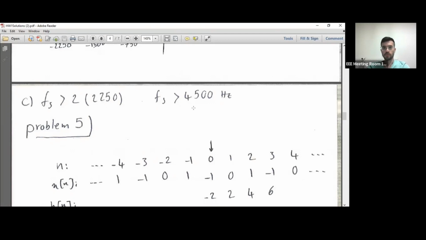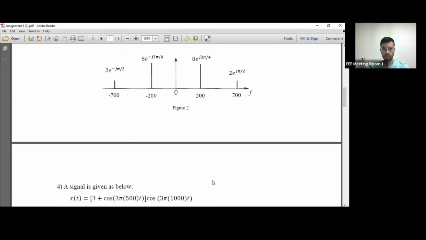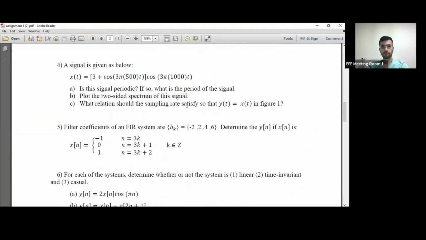Generally, it should be more than 4500 hertz. If this condition is satisfied, we will have y of t equals x of t here. So this was the answer for question 4.